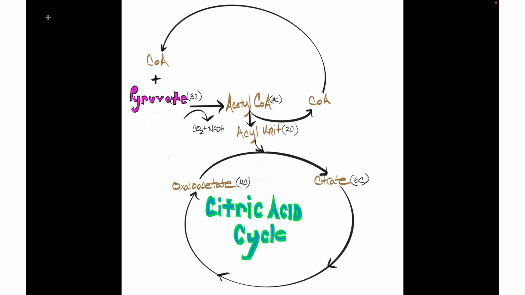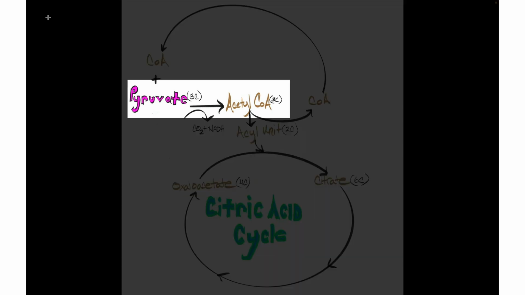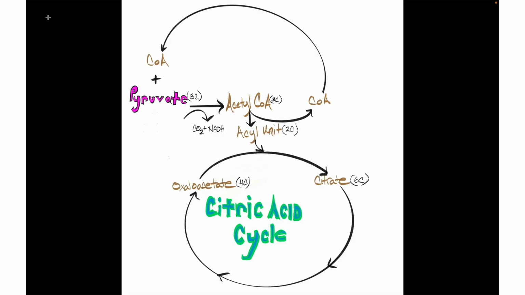In the presence of oxygen, pyruvate will combine with coenzyme A to produce acetyl coenzyme A. That process is going to result in the production of carbon dioxide and some NADH.